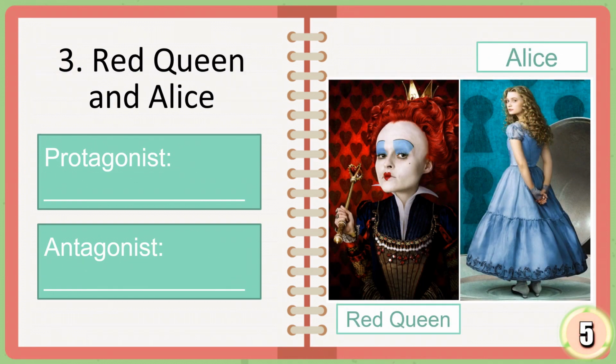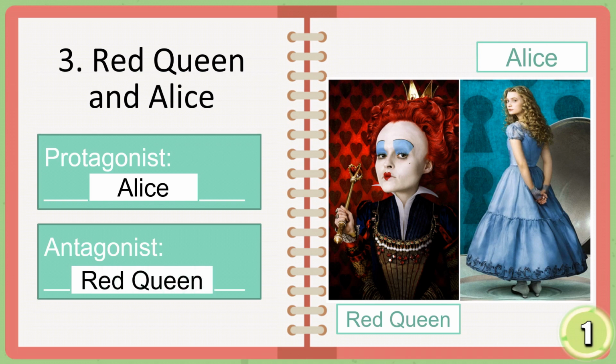Next is Red Queen and Alice from the story Alice in Wonderland. Who do you think is the protagonist and who is the antagonist? The protagonist is Alice and the antagonist is the Red Queen. Great!